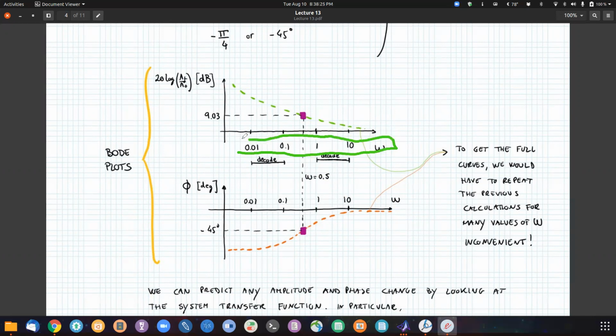And so based on the frequency and on whatever amplitude the input has, the Bode plot will tell you the ratio between the final and the initial amplitude. So if you have such ratio and the initial amplitude, you can comfortably compute the final amplitude. And then you can see how much the output is shifted with respect to the input.